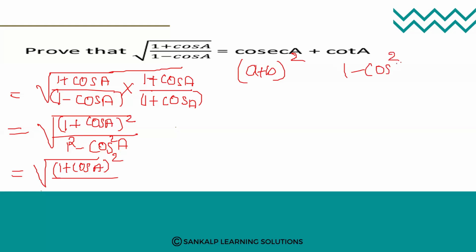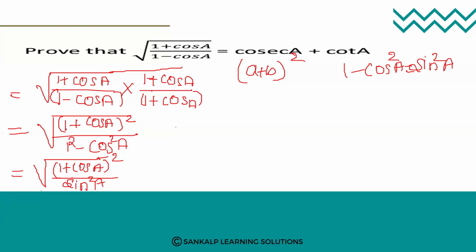Remember the identity: 1 minus cos square A is sin square A. So I will write 1 minus cos square A as sin square A. Here we use the identity. Next, (1 plus cos A) whole square divided by sin square A is under the root.